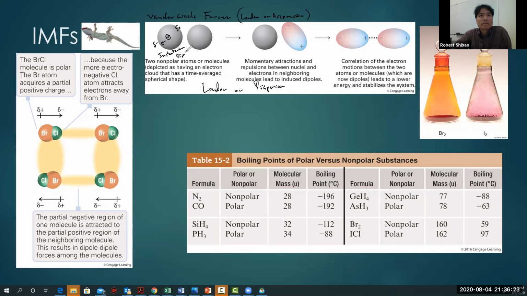If this is positive on this side, that's going to pull an electron to that side. The electron is going to be attracted to this side because there's a positive over there. And so that's going to induce a dipole. This is called an induced dipole. Let's say in the right atom, we set up an instantaneous dipole.